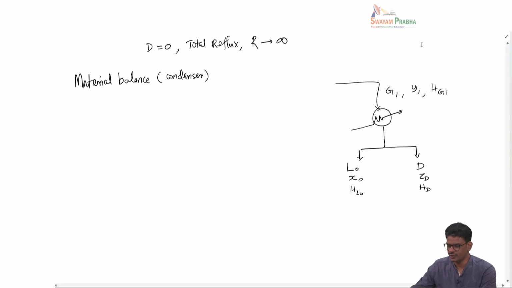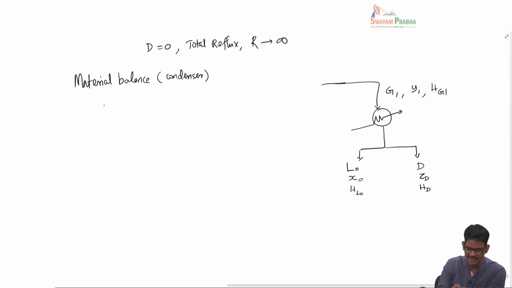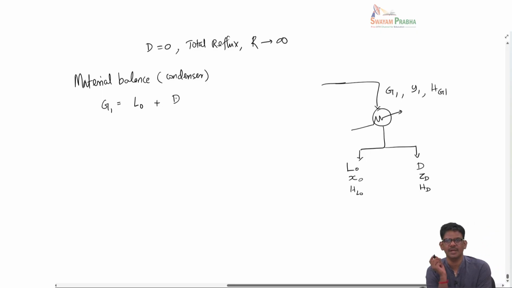So I have redrawn the condenser part alone. You can see that what is coming into the condenser is G1, and then after condensation this is split into two parts, one that is reflux, the other one is the distillate product. If you do a material balance, you will be able to write that G1 is nothing but L naught plus D. Now I can write this L naught in terms of the reflux ratio.